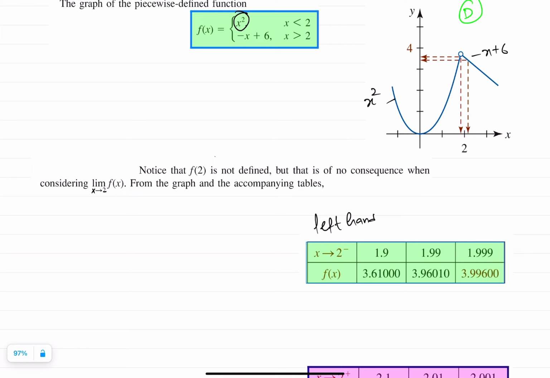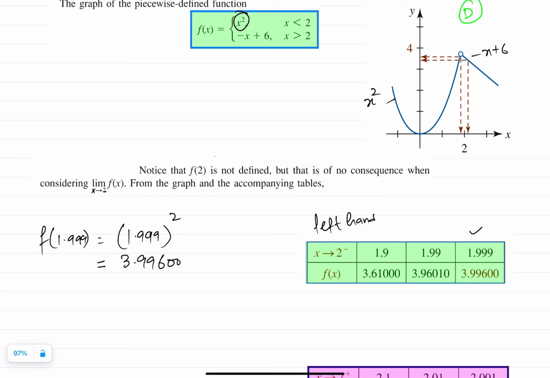I will take a general point, for example 1.999. We replace the value, and the value that I'm getting is 3.99600.